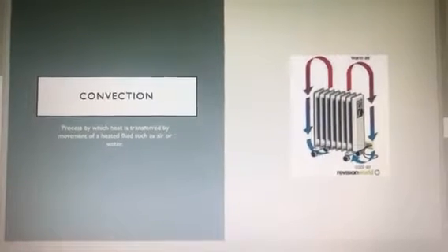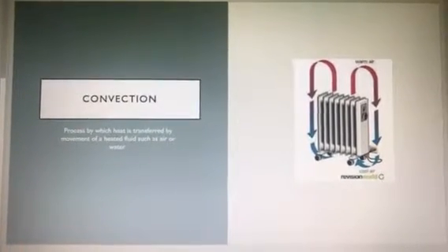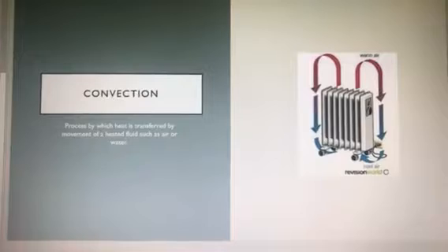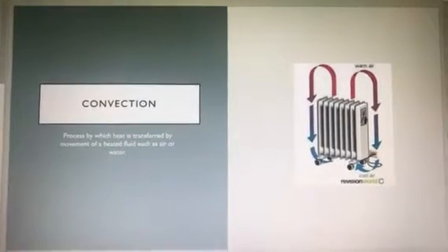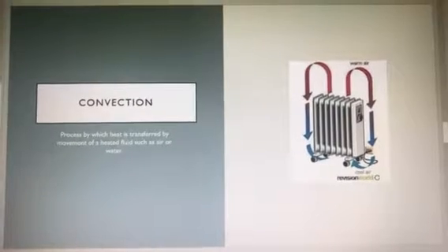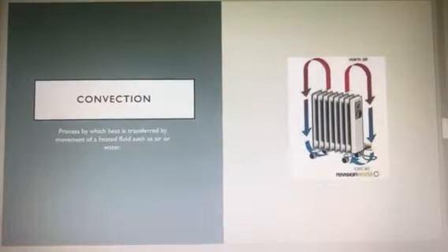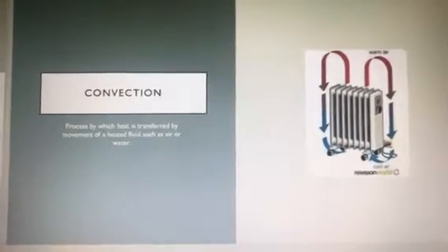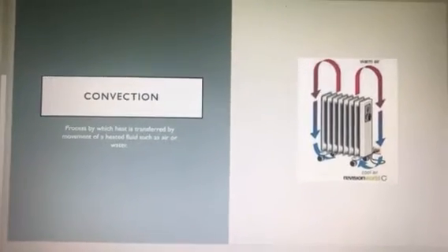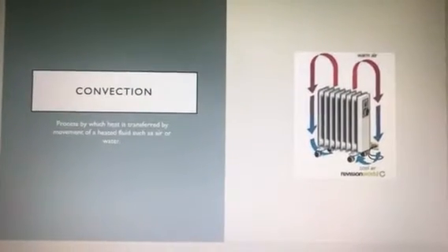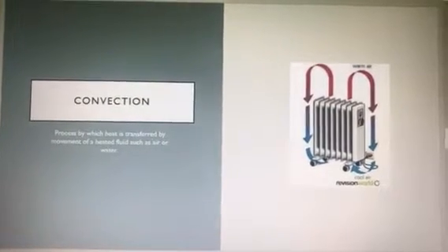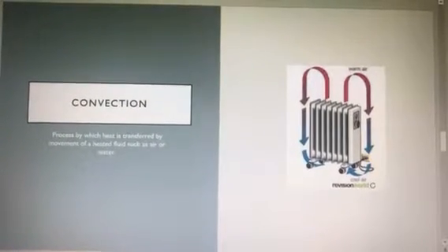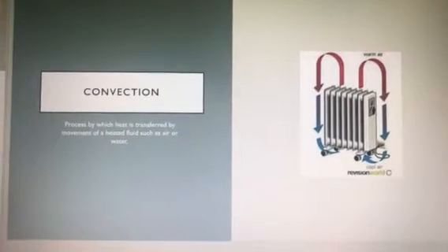Convection. Convection is the process by which heat is transferred by movement of a heated fluid such as air or water. This heat transfer is different from conduction in that it doesn't require direct contact.